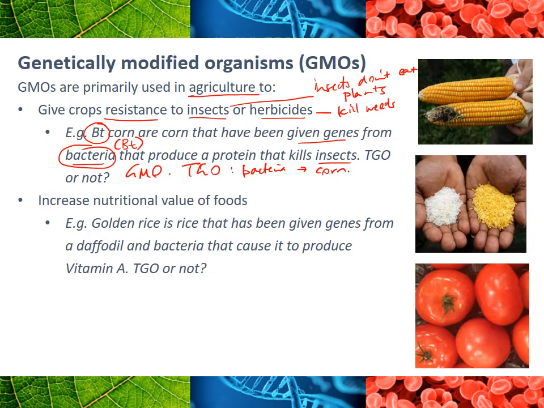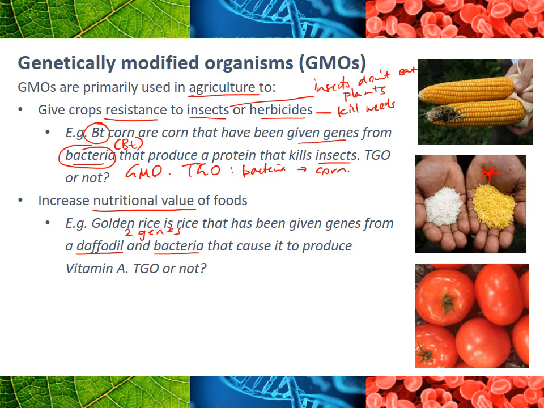Another example is using GMOs to increase the nutritional value of foods. An example here is this stuff called golden rice, which is the one on the right here. This is rice that has been modified with genes from a type of daffodil plant and also a specific bacteria. So two genes here.